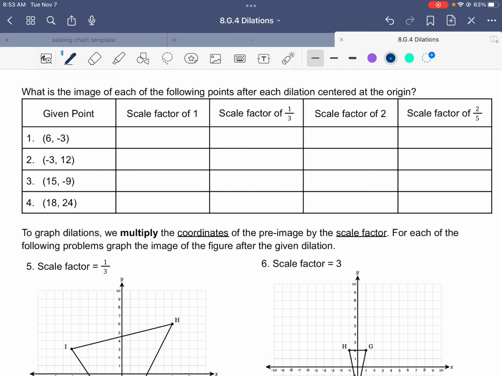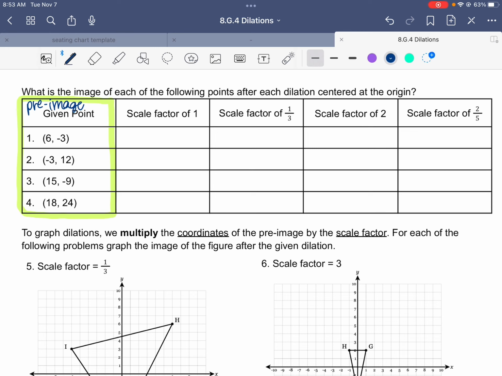So these points here are our pre-image points. So these are the pre-image. And what we're going to do is apply each dilation to each individual point.